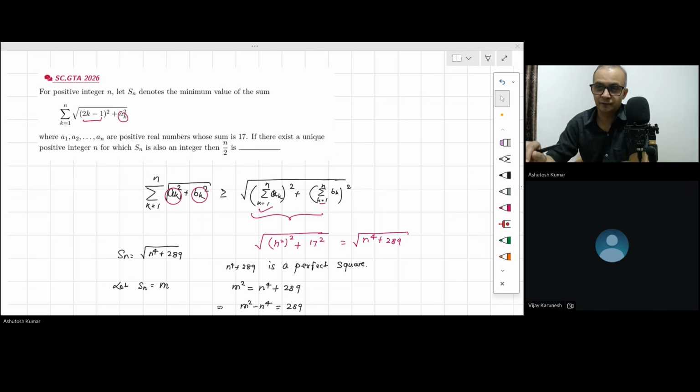So can we think in a different way, Ganesh? What does this represent? Let's try to think in that direction. What is it actually representing? Suppose I'm saying 2k minus 1 the whole square plus ak square. What can we think of this?